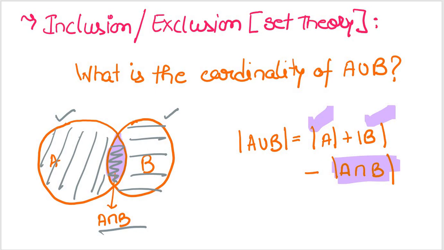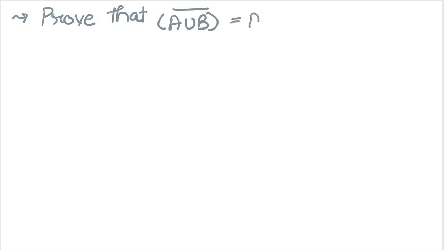Now let's take another problem, right? The problem is, prove that A union B whole complement is equal to A complement intersection B complement.